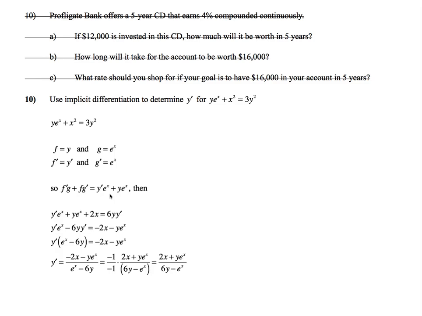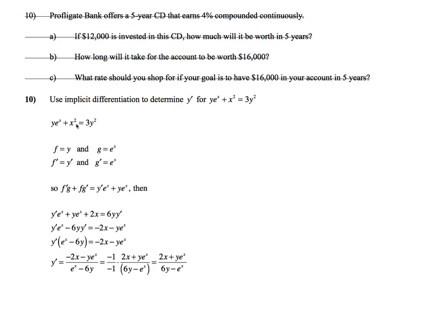So we fill in our formula for the product rule, f prime g plus f g prime, with f prime, which is y prime, g, which is e to the x, plus f, which is y, times g prime, which is e to the x. Then we put that into our equation as the derivative of that product.